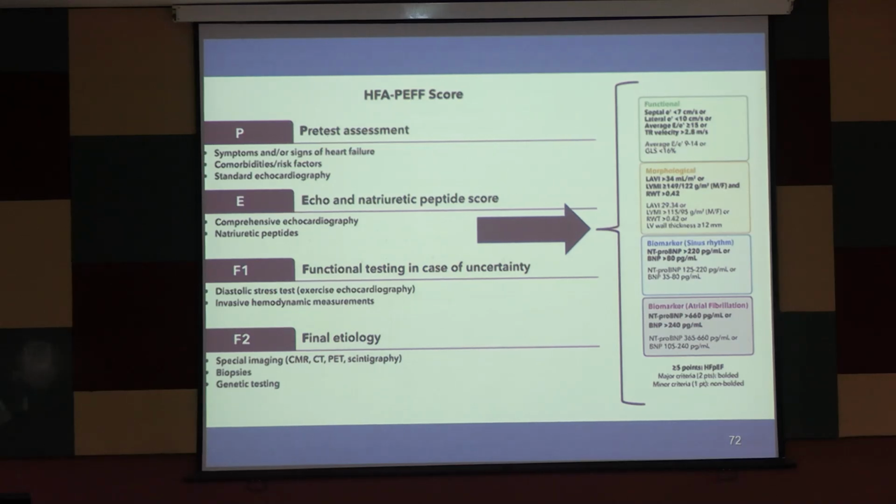Second, the endomyocardial biopsy. And third, genetic screening and counseling. So, heart failure assessment, that is the PEFF score: P pre-test assessment, E echocardiography and natriuretic peptides, F1 functional testing, and F2 final testing for etiological diagnosis.